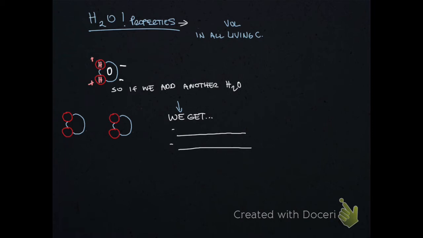Now, when we have two water molecules together or side by side, each having their own polar charges, between the two water molecules, we can actually form a hydrogen bond. Remember, the oxygens have a heavily negative side, and the hydrogens have a positive side.